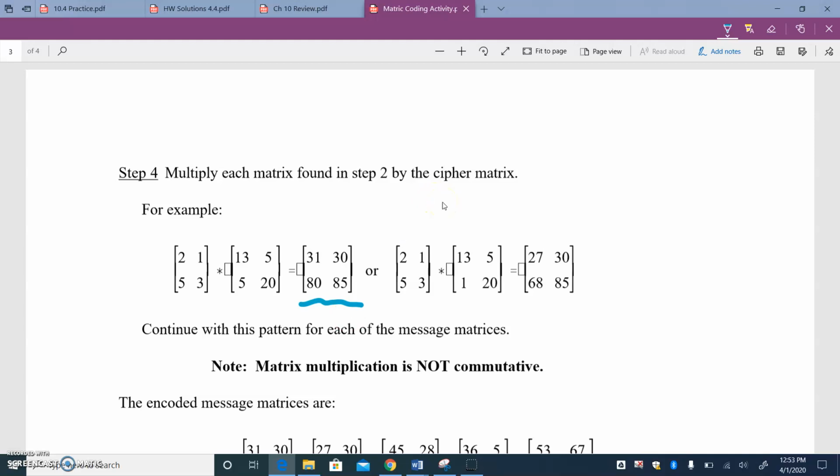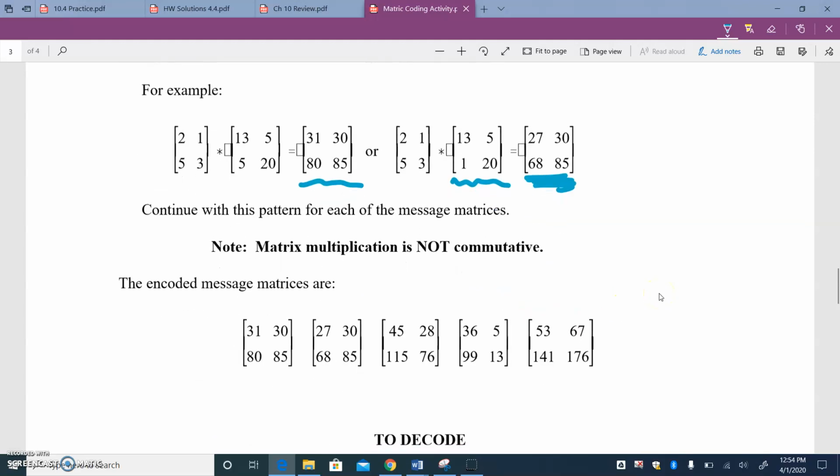And then this would be just another example. This would be the next matrix. So this was the secret code for the word meet. This is the secret code for the words me at. And you would keep going on multiplying the cipher to the original message, and you get something completely different looking that you wouldn't expect. So this here is the series of coded messages.